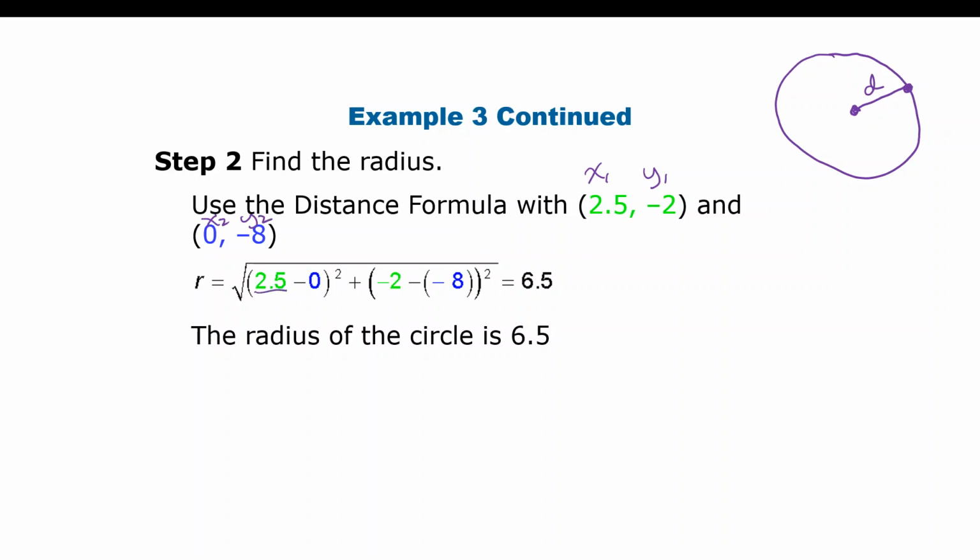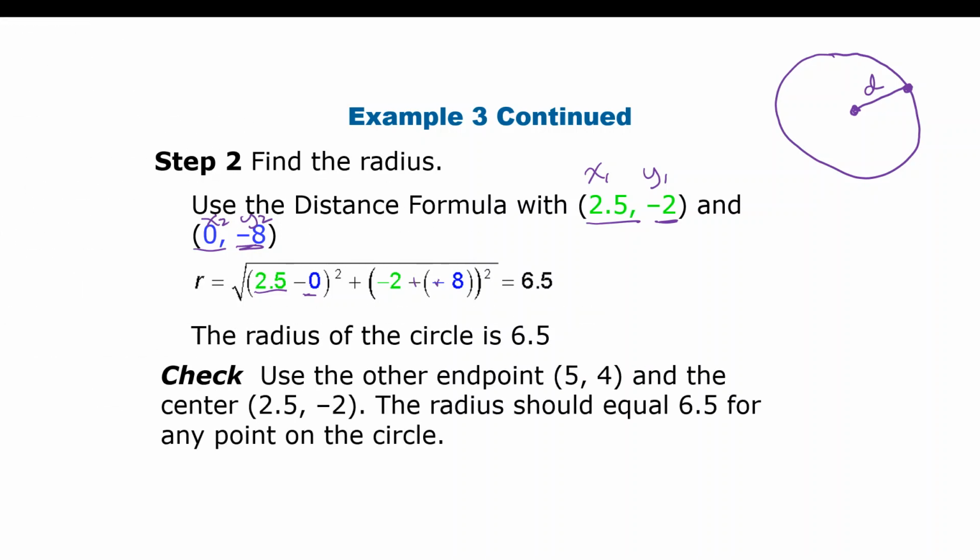So if we take our x1 minus x2, it's our 2.5 minus 0, and square that, and then our y1 minus y2. And remember, notice it's negative 2 minus a negative 8, so it ends up being a positive 8. Square that, we end up getting 6.5. So the radius of the circle is 6.5.